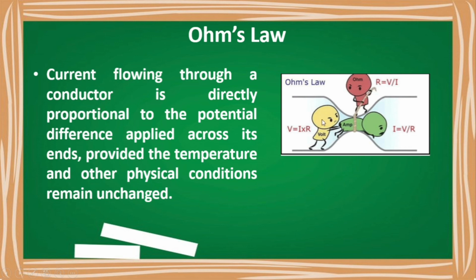So this voltage applies pressure to the current, but resistance will create a nuisance to it. It will not let the current flow from one part of the circuit to another. So this is Ohm's law. V is directly proportional to I, and the constant of proportionality is known as resistance R.